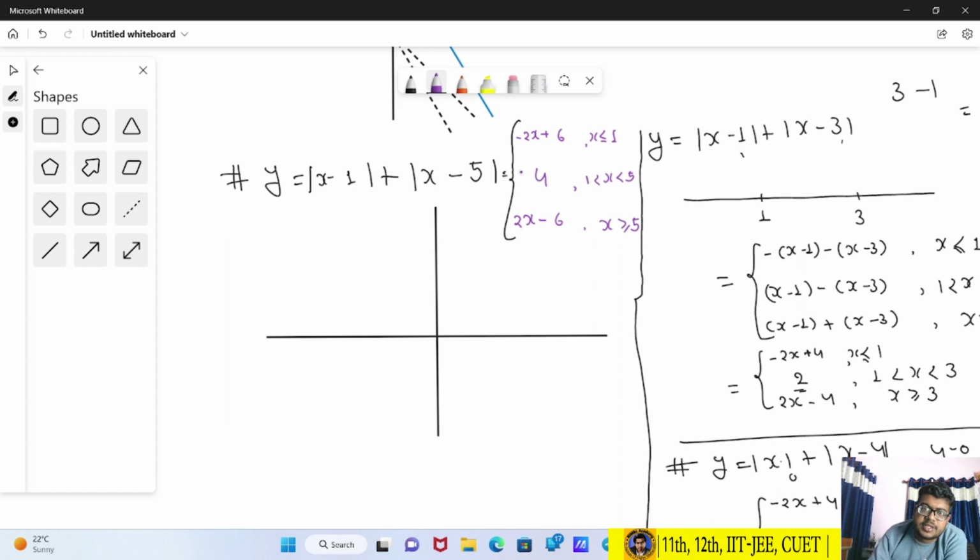So these are the lines. Now we draw them. First is minus 2x plus 6: this is y equals minus 2x, and plus 6 means the intercept is 6, so this is y equals minus 2x plus 6.